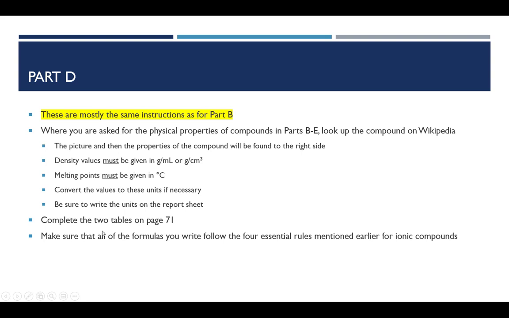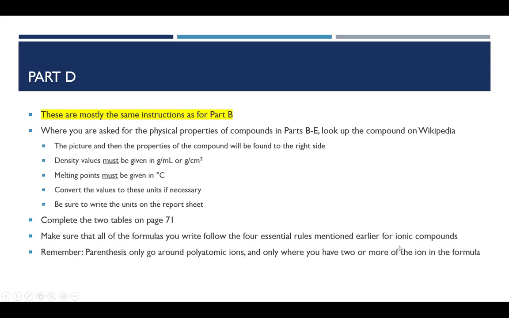And since these are still ionic compounds, the 4 essential rules still apply. And finally, don't go all crazy about writing parentheses. Only around polyatomic ions, and only when there's 2 or more of them. So you can go ahead and pause the video at this point and work on Part D. And when you're done, I will continue on to the material for Part E and then Part F.